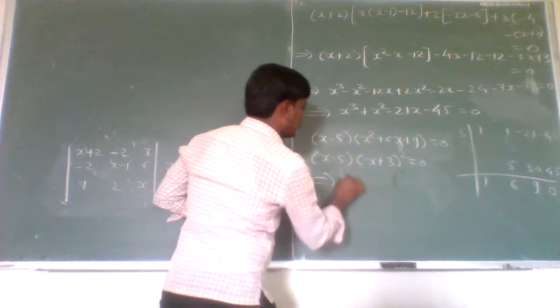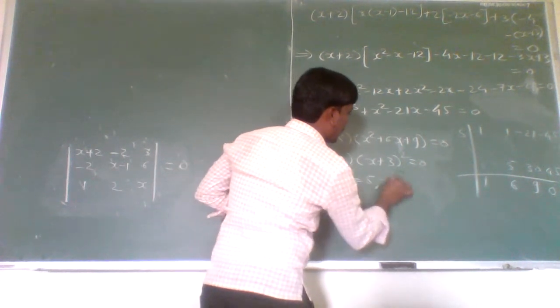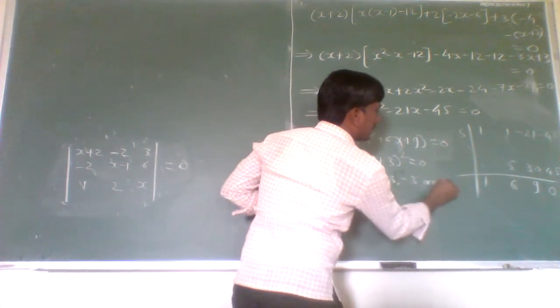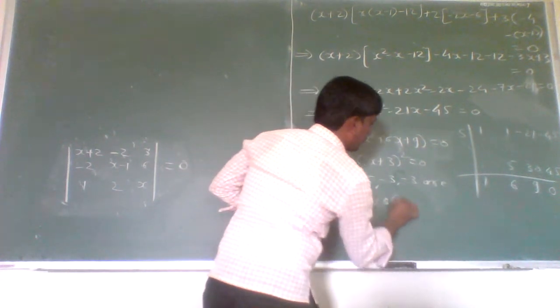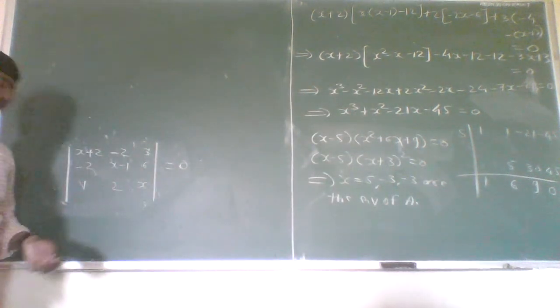Which implies x equal to 5, minus 3, minus 3 are the eigenvalues of matrix A.